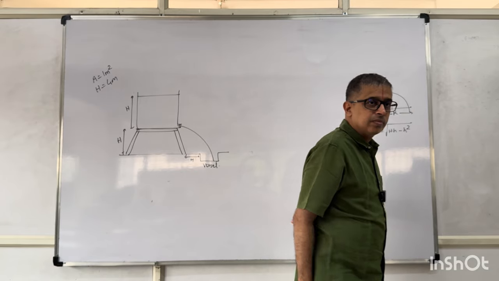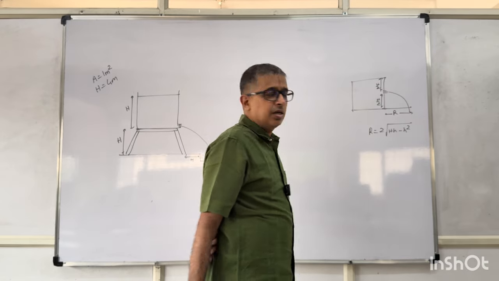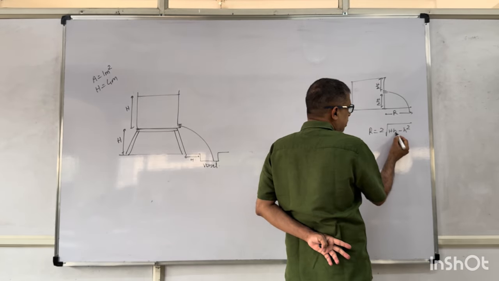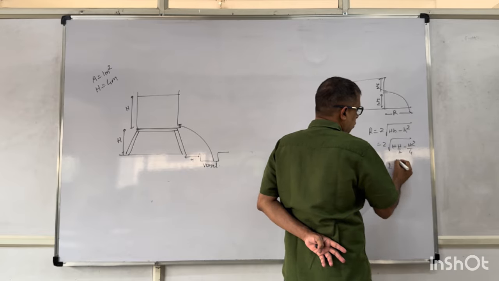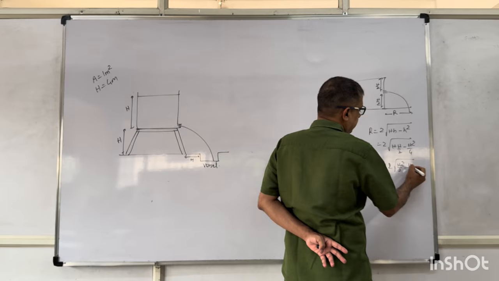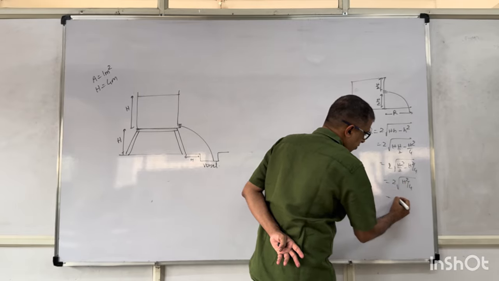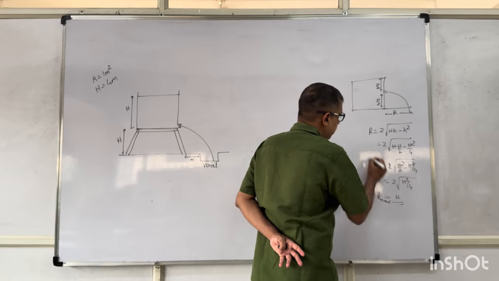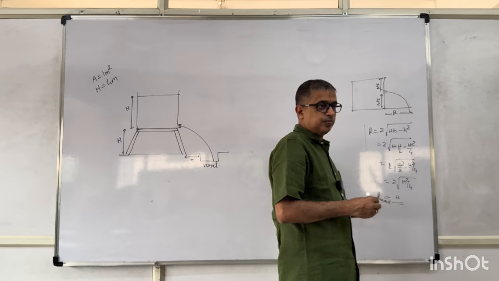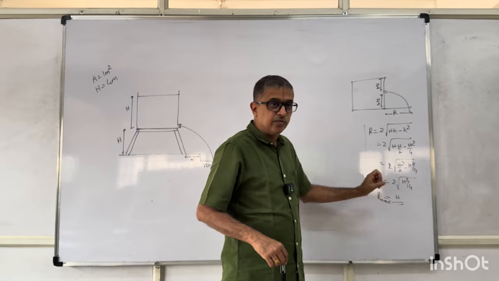See your notes and tell me yes or no. Now, height is h by 2. 2 root over of h by 2 minus h square by 4. 2 root over of h square by 2 minus h square by 4. 2 root over of h square by 4. By the way, our maximum will be h. Just for your information, make a note of this also.